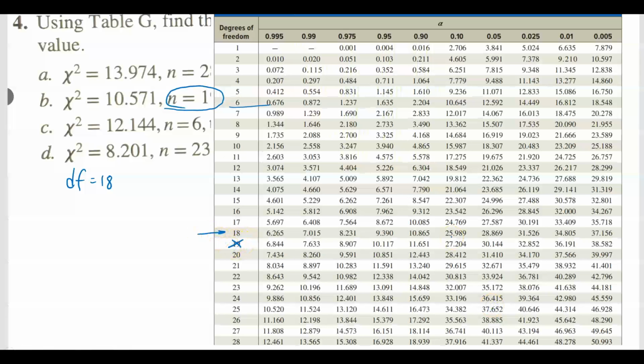You are looking at degrees of freedom 18, and I'm looking for 10.5. I am just going across, and I realize that 10.5 should be somewhere in between these two. It's trapped between these two values. So 10.5 is a little bit closer to 10.8.